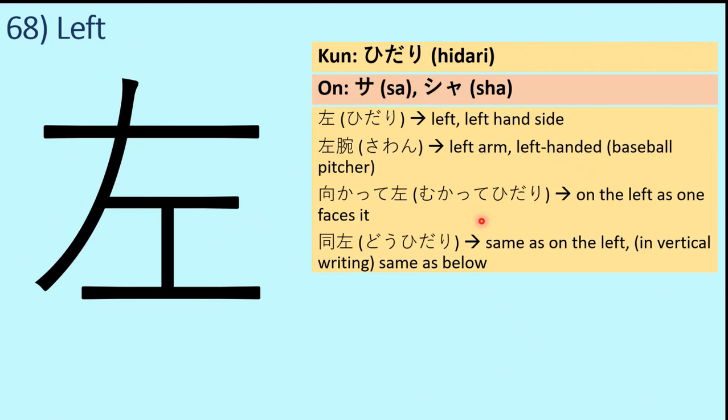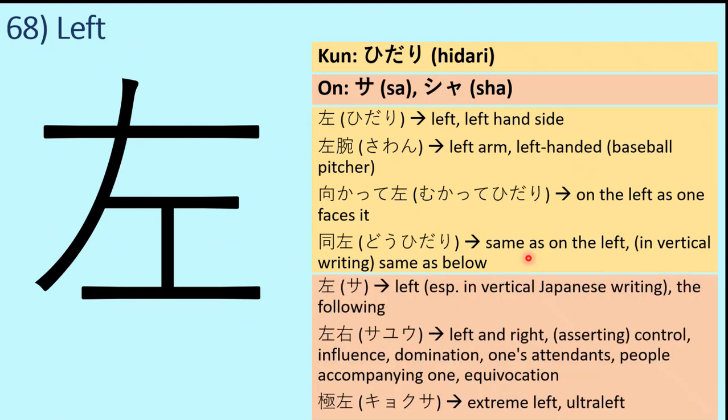Then we have mukatte hidari, which means on the left as one faces it. And we have do hidari, which means same as on the left in vertical writing, same as below. So these are the Kun'yomi applications of this kanji.